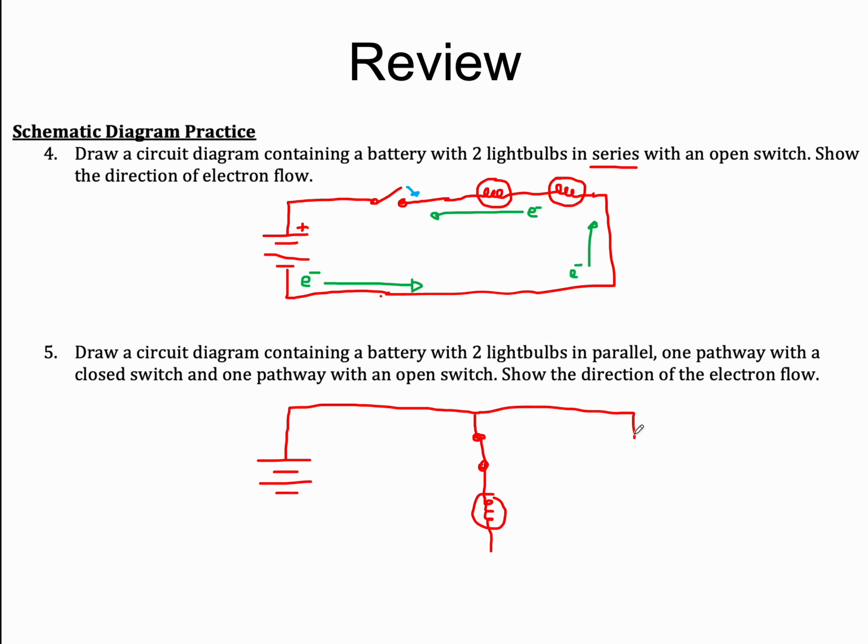And the other one with an open switch. Like this. So what's going to happen in this circuit, when you first turn it on, only that first light bulb is going to light up because it has a switch that connects it. Does it matter if it's first or second? No, it doesn't matter. And the second light bulb won't be lighted until you actually close that second switch.